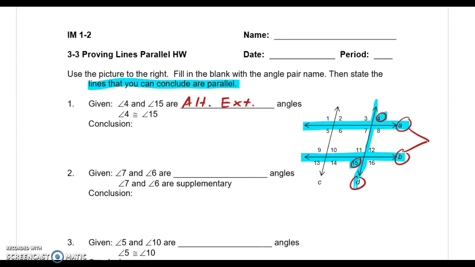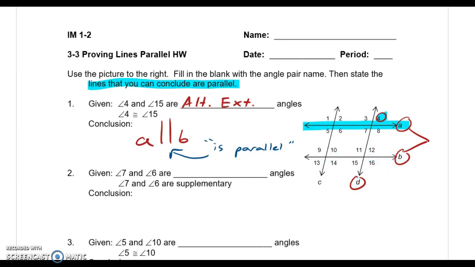Conclusion: A is parallel to B. Don't forget, this right here means is parallel. So A is parallel to B. That's what we have to do for all these problems in the front. Determine the name and which lines are parallel based off of those.